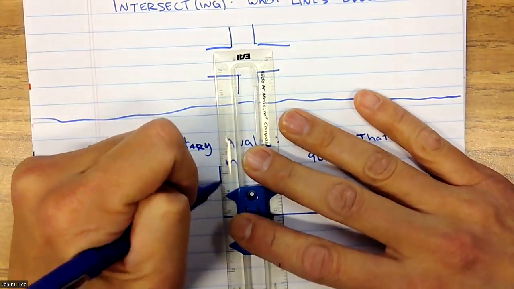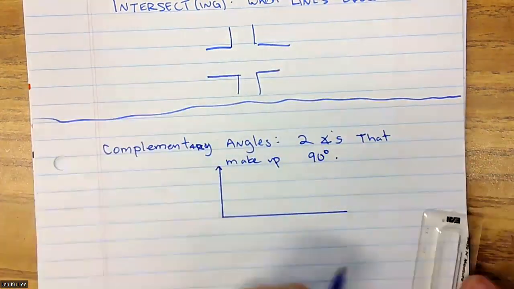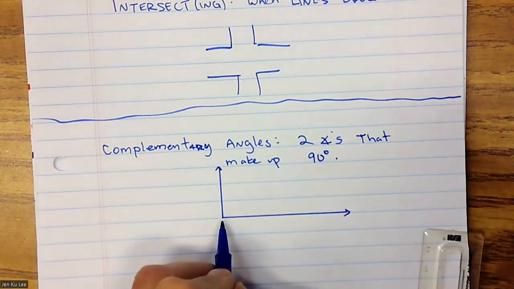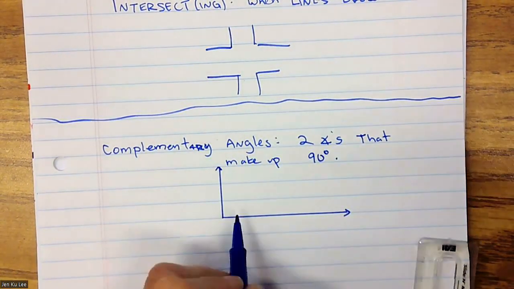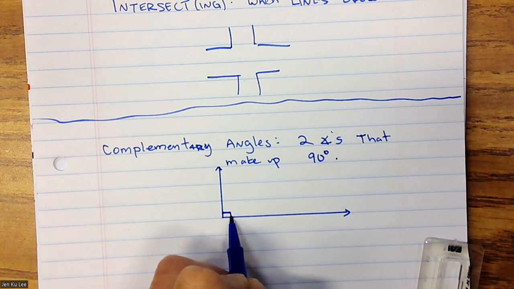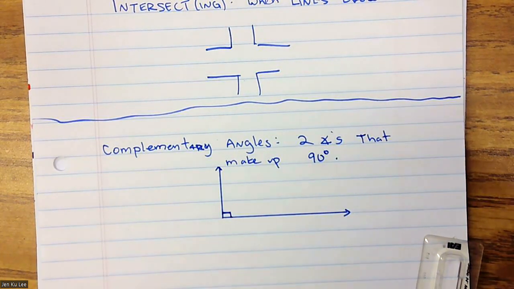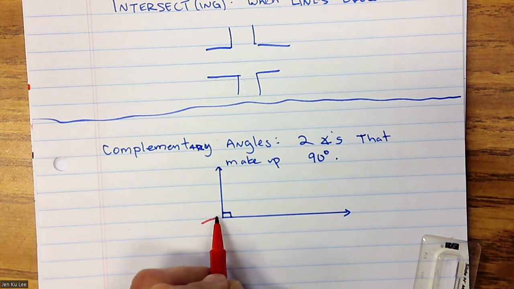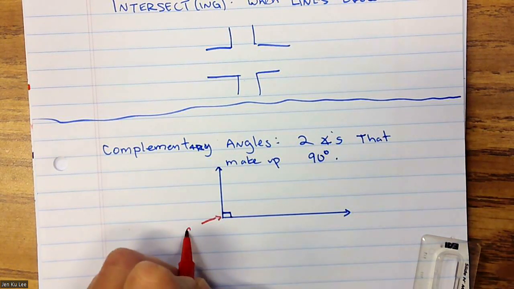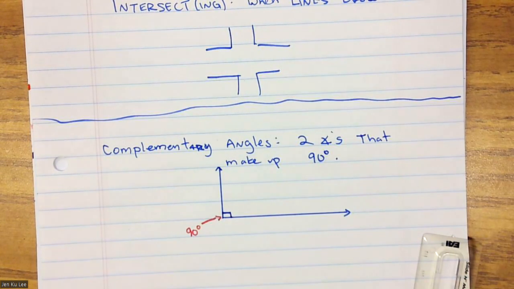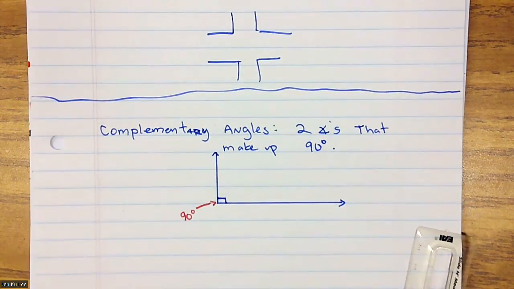Okay? So here I have two lines, or basically two segments, that are intersecting, right? A 90-degree angle we signify by this box right here. That means 90 degrees.